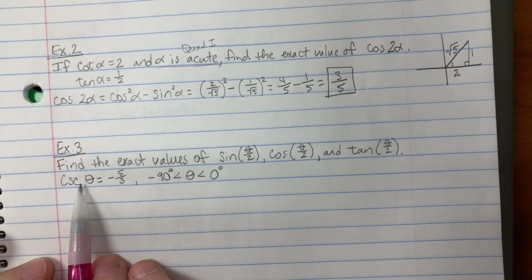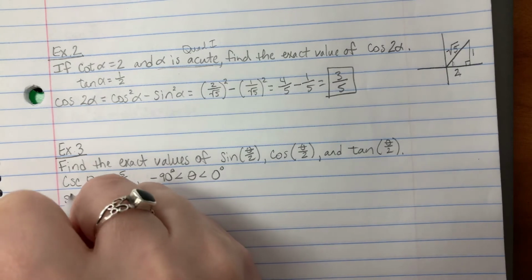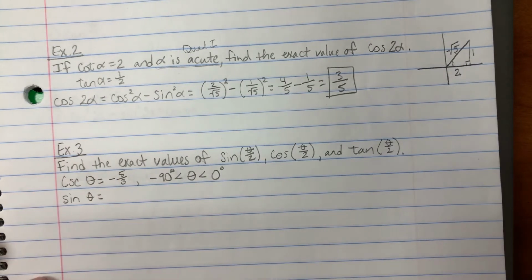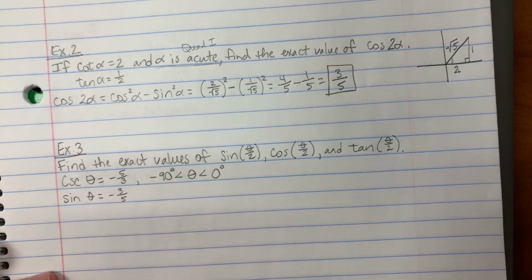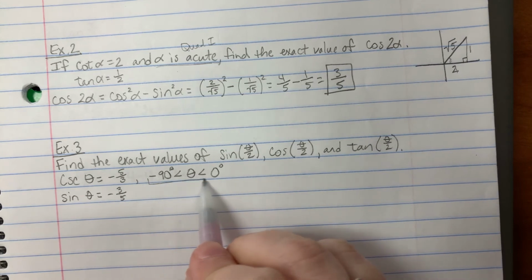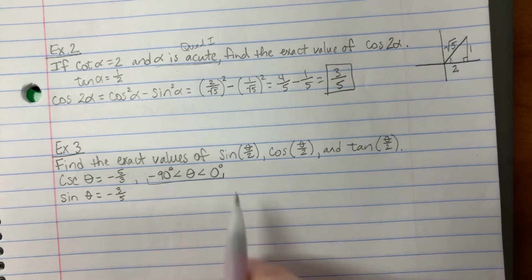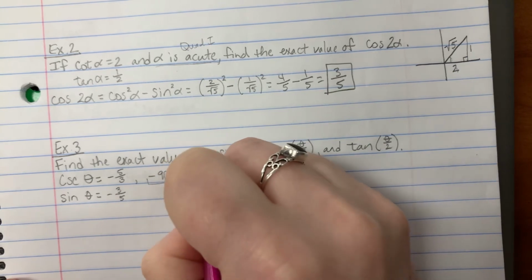They told me that the cosecant of theta is -5/3, and from that, I can then take that sine would be -3/5. And I can talk about which one is negative in a minute. This information right here, -90 degrees up to 0, that tells me I'm in quadrant 4.